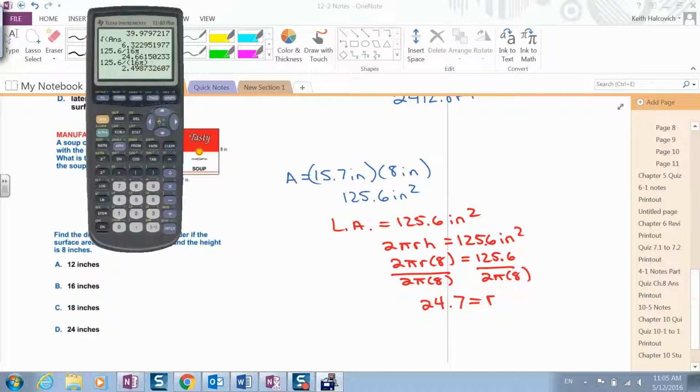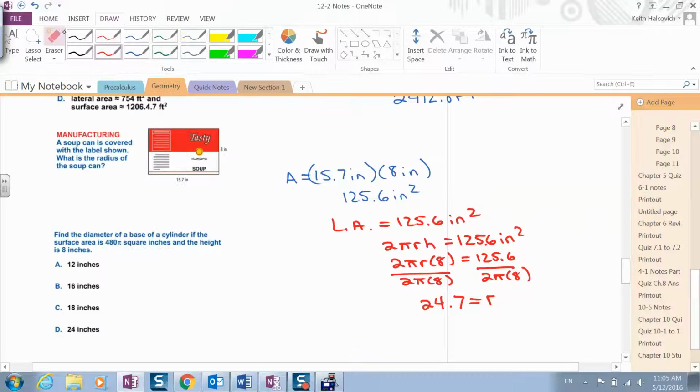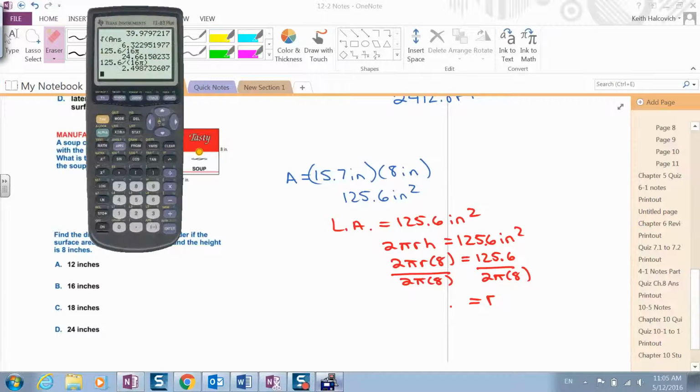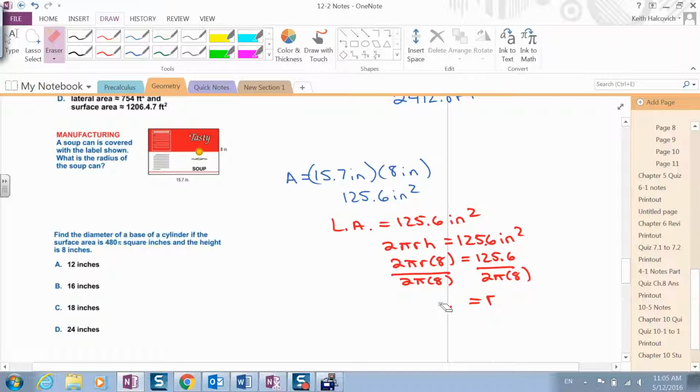Because remember, you want the 16 pi to be in the denominator. So if you do that in your calculator, you have to make sure that you have parentheses, so it's actually going to be 2.5, the radius. So the radius is 2.5 inches.